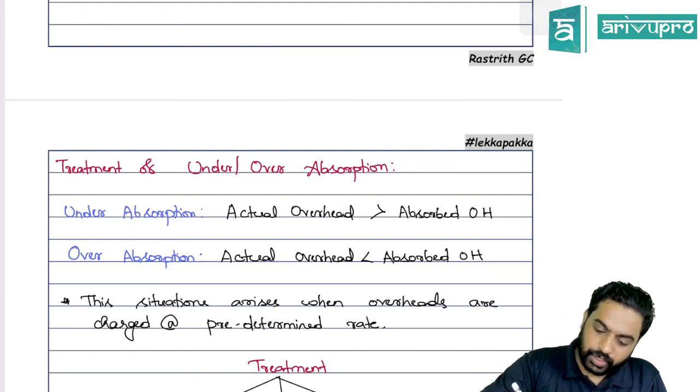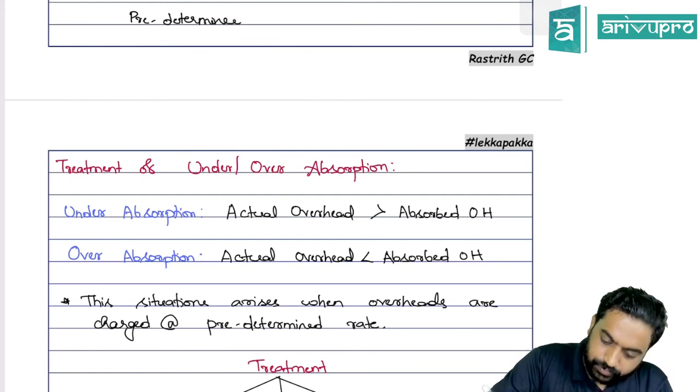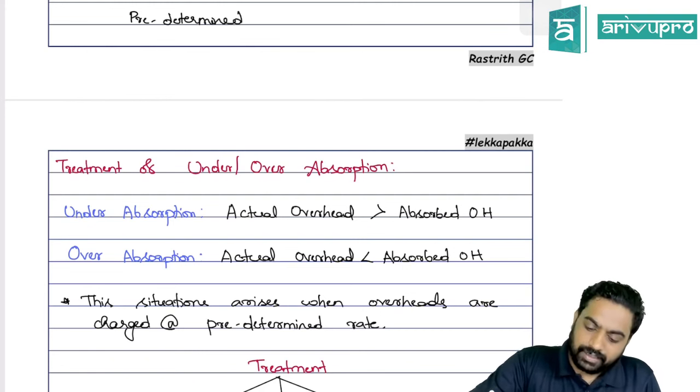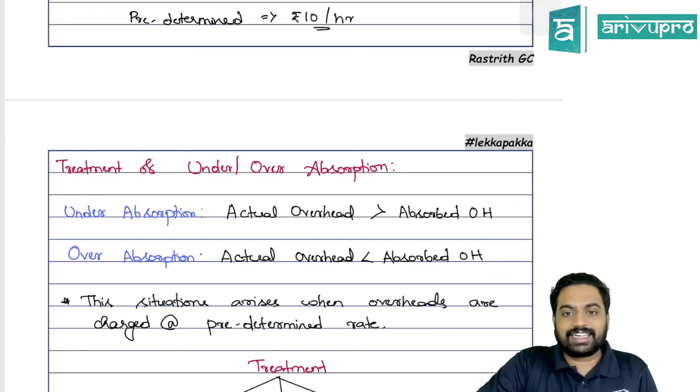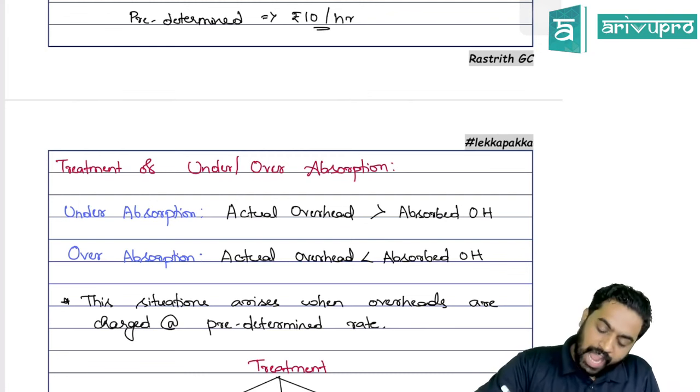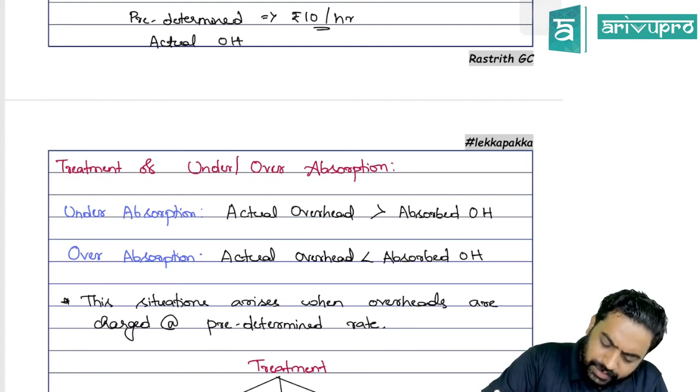Listen, very important. Predetermined rate, that is based on a budget, is rupees 10 per hour. Actual overhead, that is how much we spent, let's say is rupees 10 lakh.